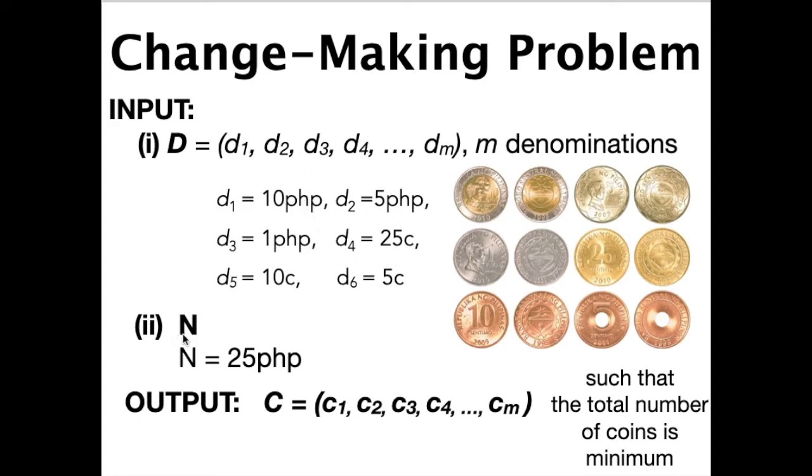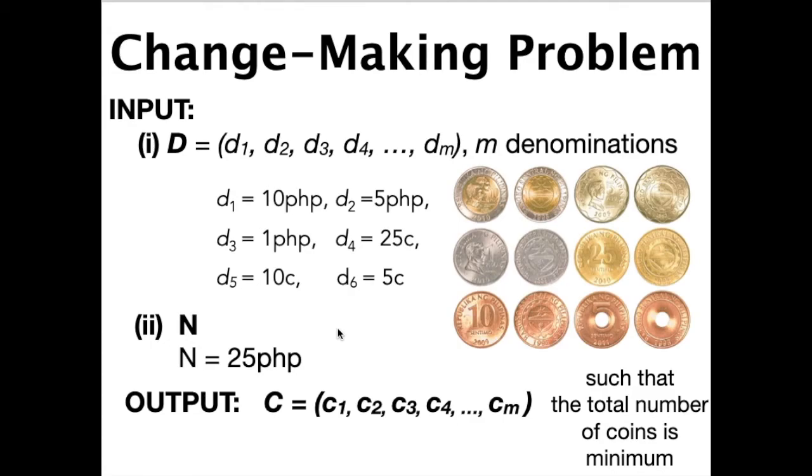And then another input is an integer. Hindi lang pala necessary integer, no? Kasi we can also have in cents, no? So we also have a real number na 25. It's a real number.